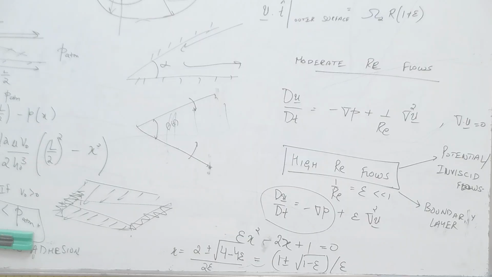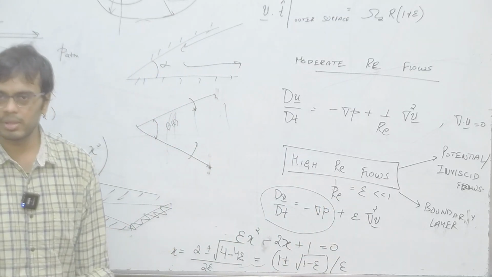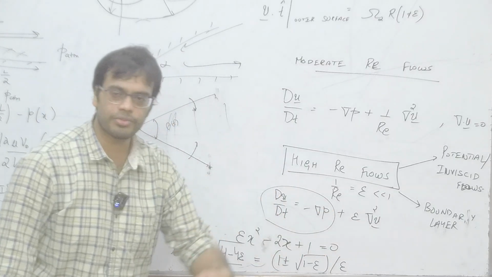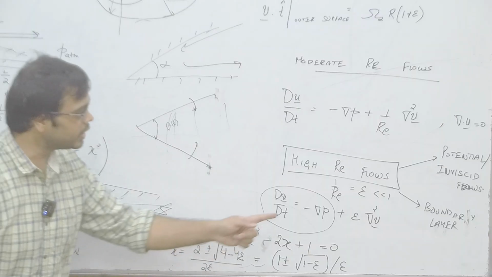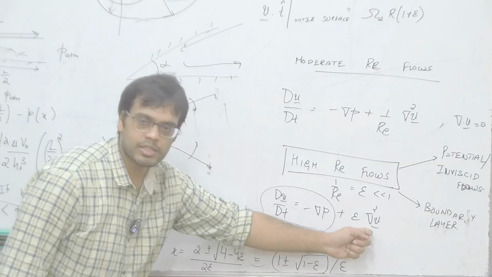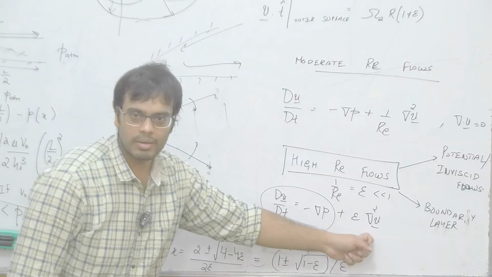Okay. One is a naive substitution of ignoring epsilon terms: throw these epsilon del square u terms out. The other one is a careful assessment: is this del square u indeed order 1?